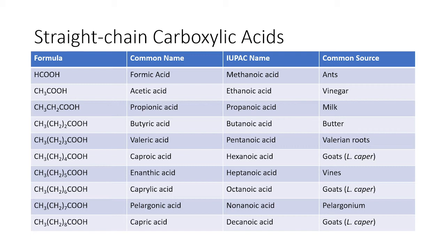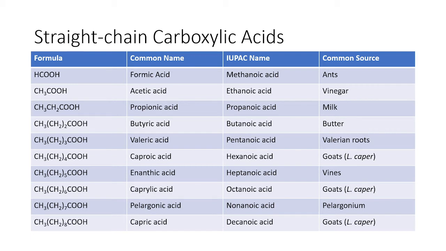And also, for those carboxylic acid bearing two carbon atoms, we call them acetic acid for its common name. And its IUPAC name is ethanoic acid. So hopefully nakukuha niyo yung pattern kung ano nangyayari. Kung makikita niyo dyan, we still have the methan, ethan, propan, butan, pentan, hexan, heptan, octan, nonan, decan, and the like.